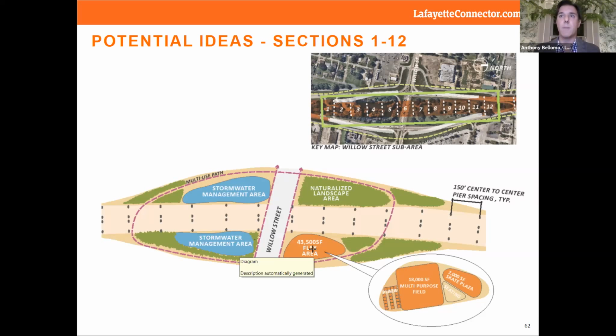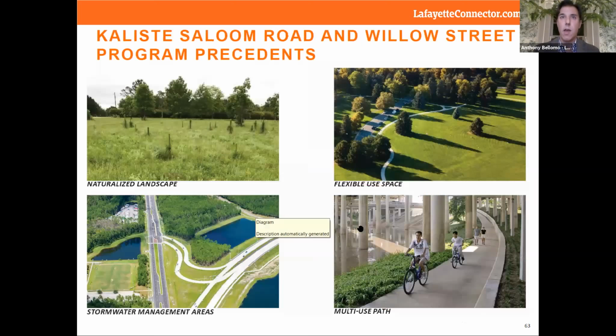So this is an option that's intended to start to consider some passive type of use, passive recreation, and that some of this space that's in between and around the elevated, because there is right of way that will be on either side of the elevated. So it's not just the structure itself alone, but there's also space on either side.